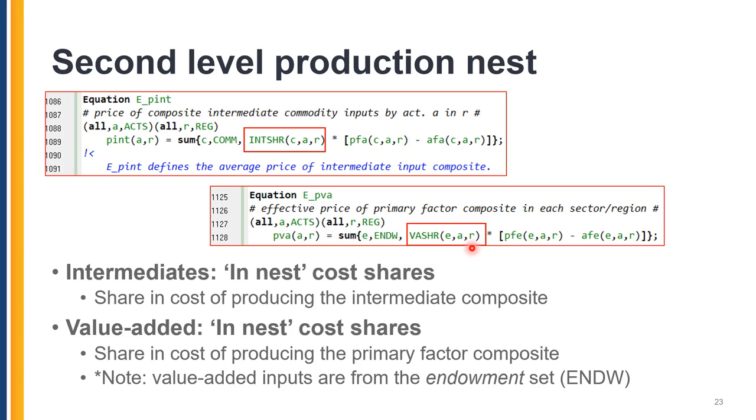Everywhere here you see these E's, that represents an element of the set of endowments, the primary factors, distinguished from the commodities indexed with a C in this set. So the GTAP notation here says, take a sum over the index C, where the C draws elements from COMM.